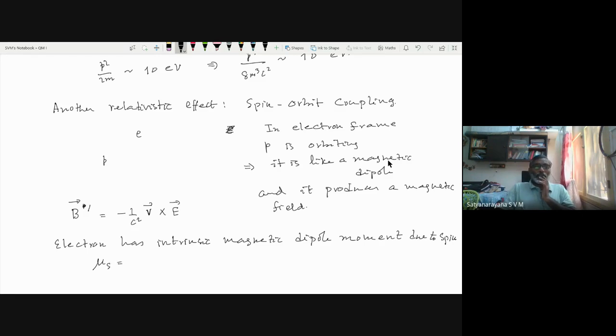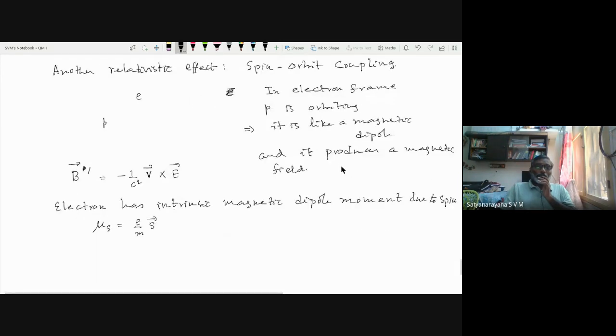So mu s is given by e by m into the spin angular momentum S. Now you can write down that there is an energy.